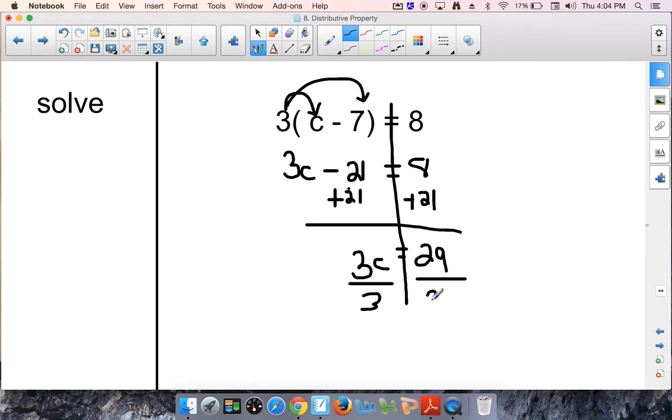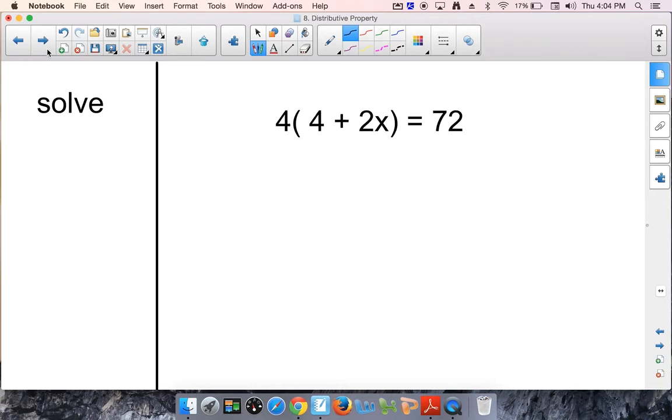Divide by 3. Cancel, cancel. And c equals 29 thirds. I could leave it that way because in algebra we like fractions. Or I could turn it into how many 3's go into 29. 9 is 27 and 2/3.